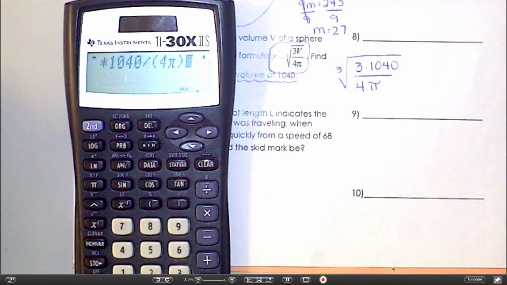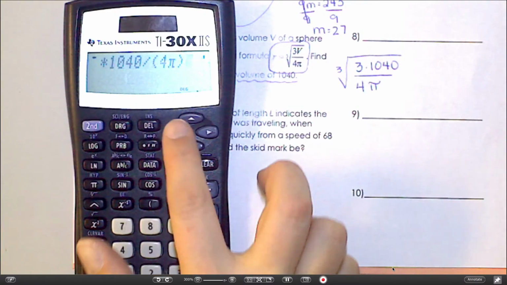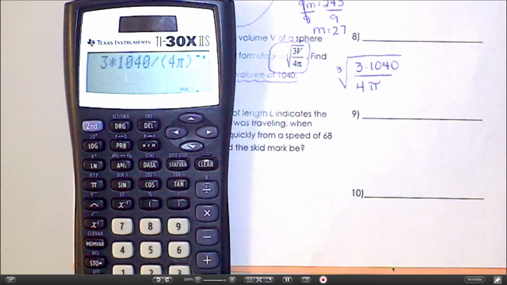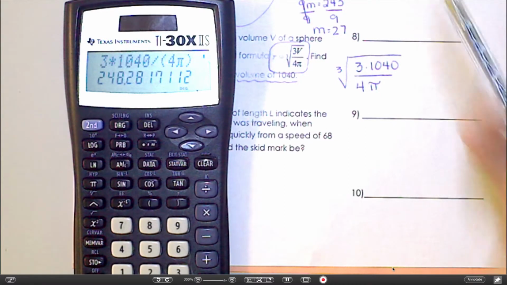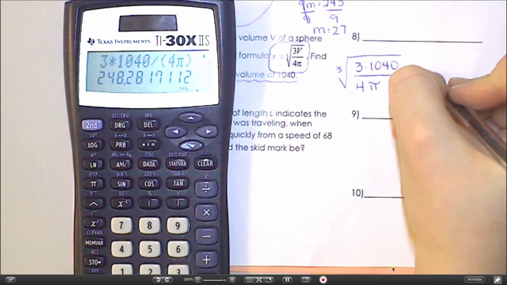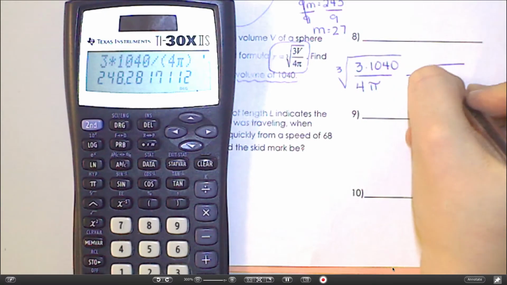So I did 3 times 1040 divided by 4 pi in parentheses. I get 248.28. So now I'm doing the cube root of 248.28.